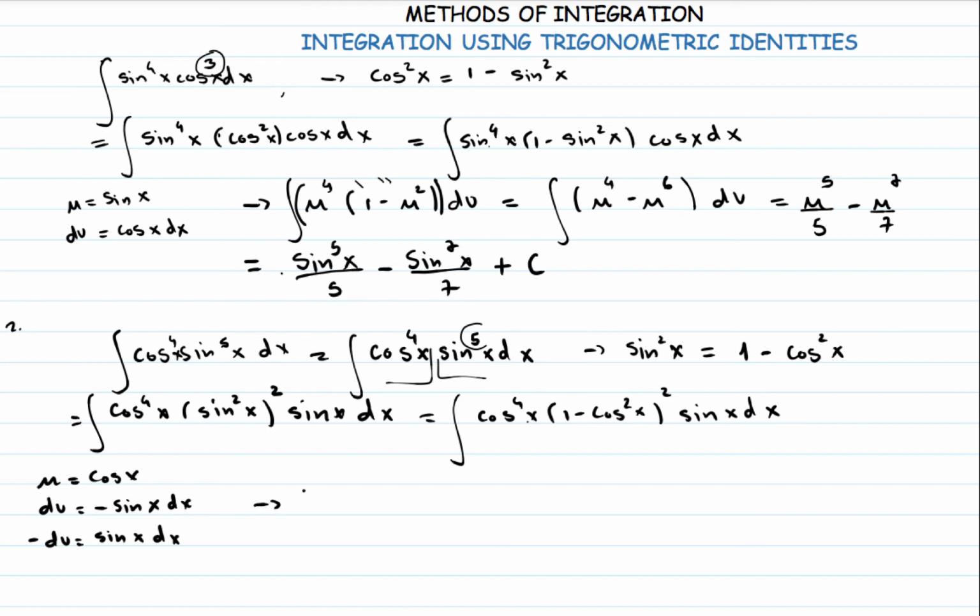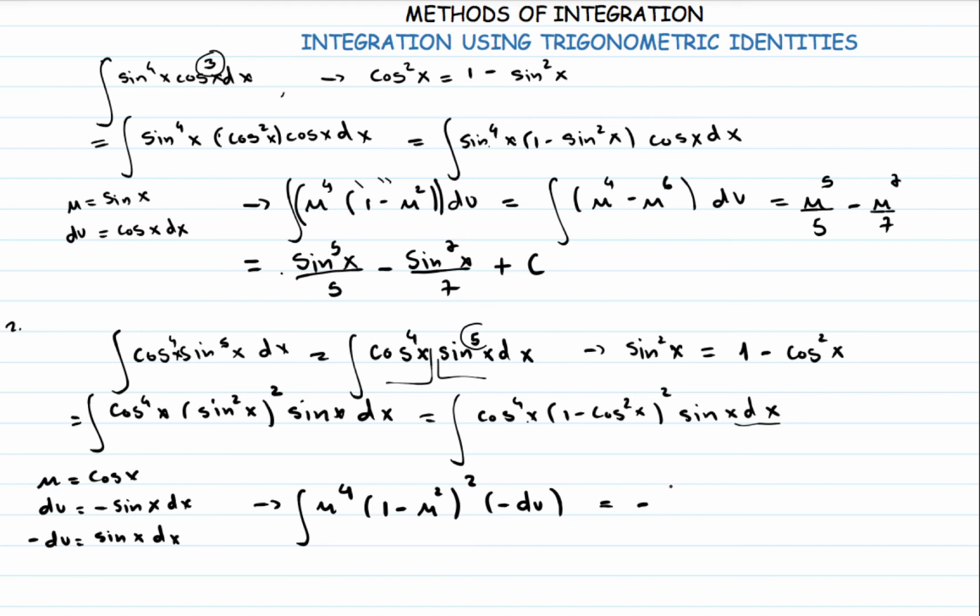So continue with this. We are going to have the integration of cos becoming now u raised to 4, and then we are going to have 1 minus u square, all squared, and minus du, which is this part over here. Great. So this minus sign can come outside.